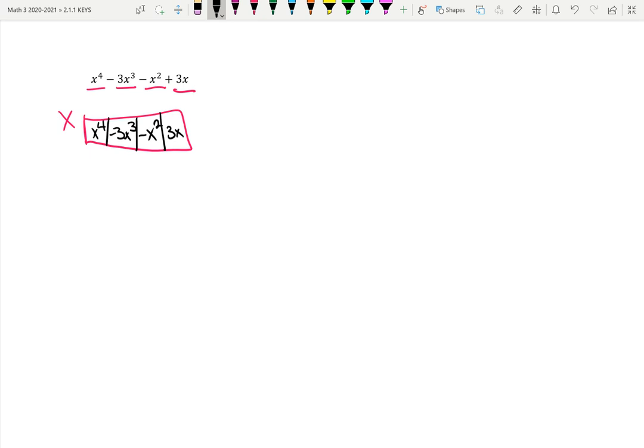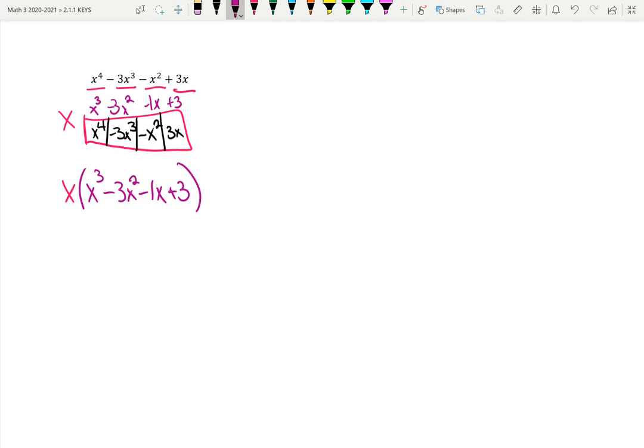Remember, this is just to help me figure out what the factor is. This is going to be x to the third, then negative 3x squared, then negative 1 times x, plus 3. So factoring out x times this expression is going to give me my original. So voila, I have x to the third minus 3x squared minus 1x plus 3.